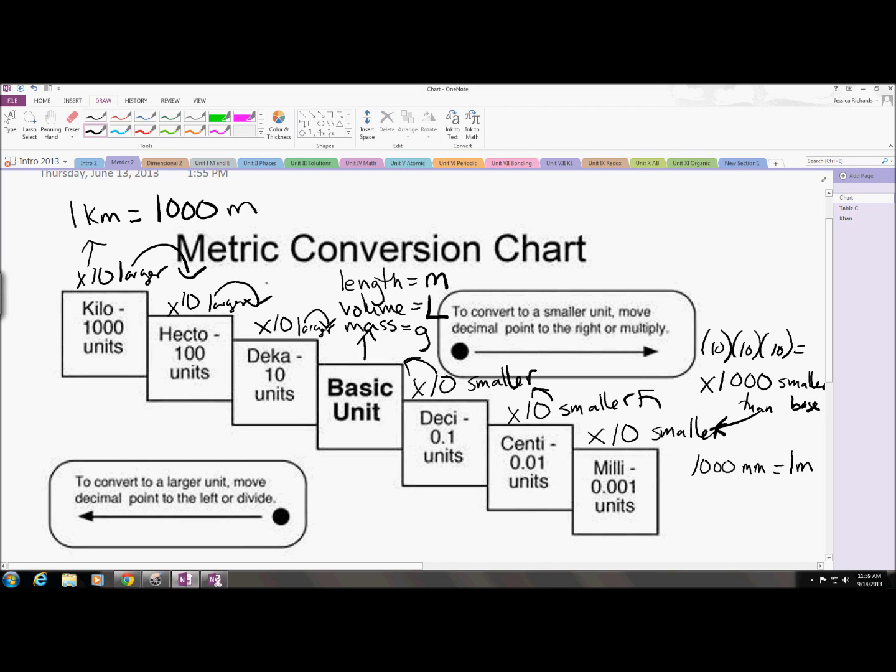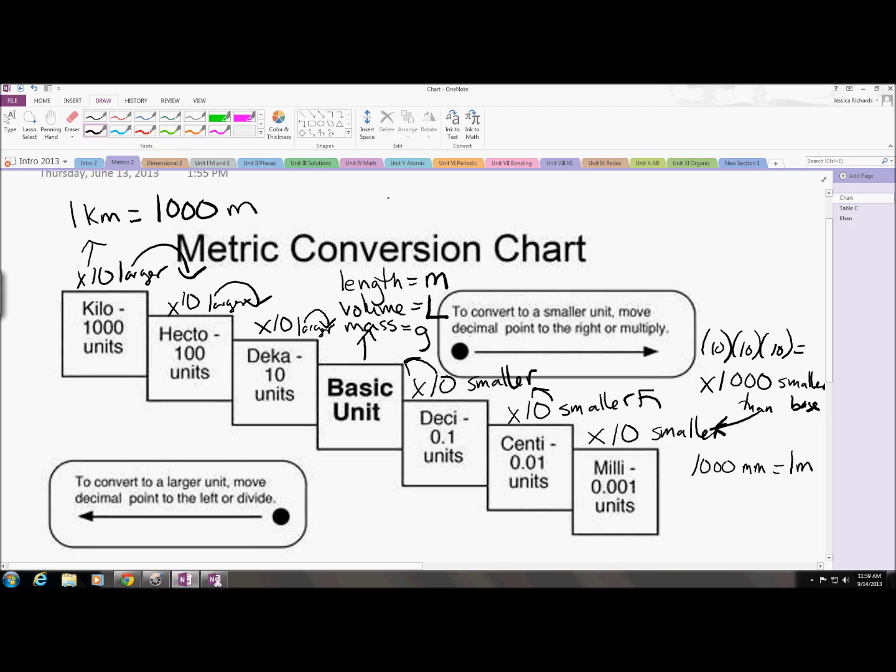So it's always a change in 10, and since our math system is base 10, that means we can do all of our conversions simply by moving the decimal place to the left or the right. If you memorize the order of the units, then you only have to count how many places you're moving. Where am I starting from? Where am I going? How many decimal places is that, and in which direction?